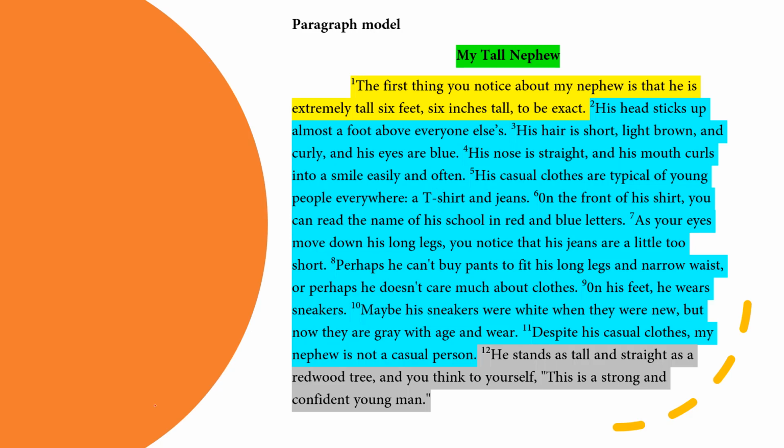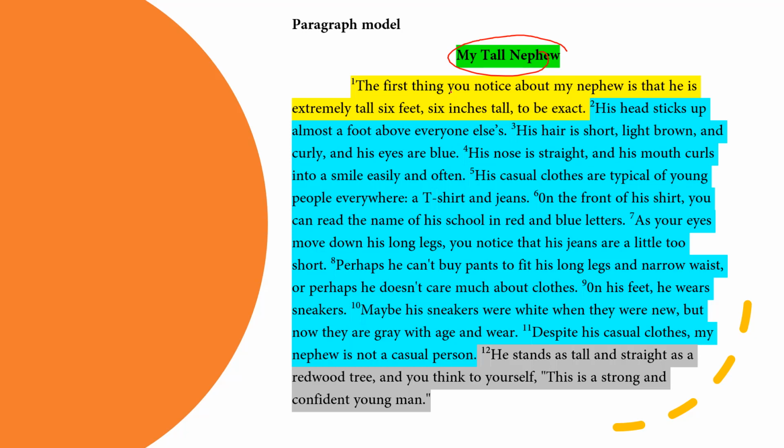Have a look at the paragraph model. Okay, read for 5 minutes first before I explain more about the paragraph. Okay, have a look at the title. The title is in the form of a phrase, my tall nephew.